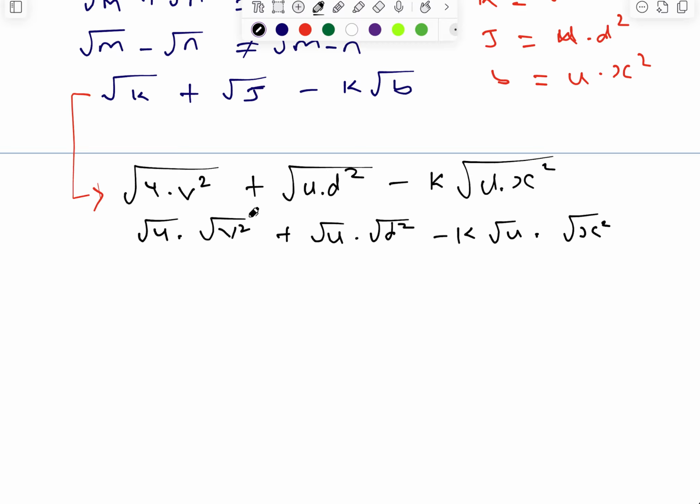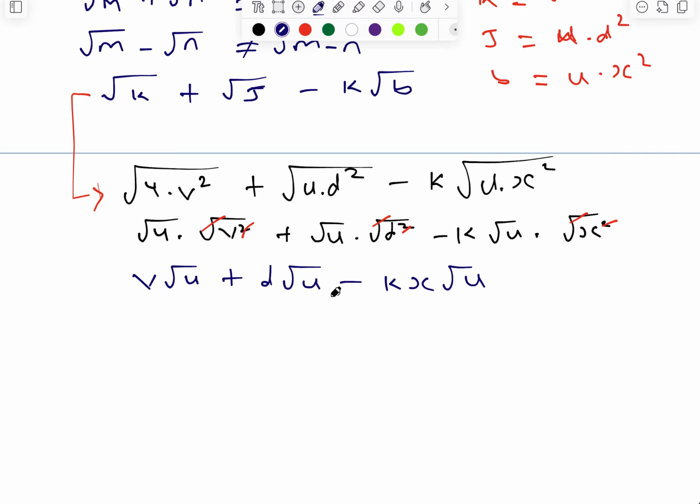Now, this implies square root can easily cancel square out here. So this guy, they cancel out, and so what are you going to be left with here? You're going to have v multiplied by square root of u plus d multiplied by square root of u minus, now k and x can multiply, multiply by square root of u.